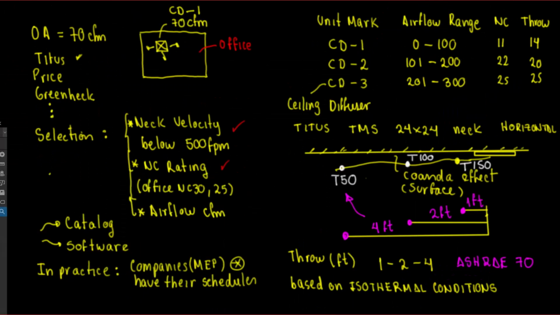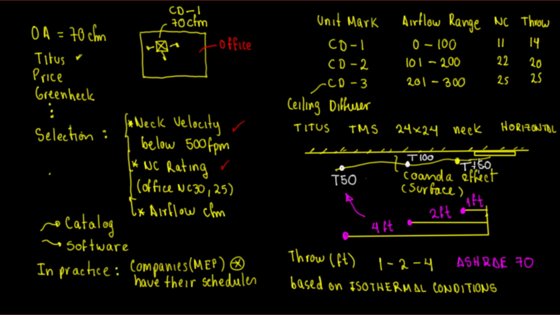All right, so that's based on isothermal conditions, which means that the temperature of the supply air is equal to the temperature of the room. But honestly, in reality, that's not real. That doesn't make any sense. It's just for tests.